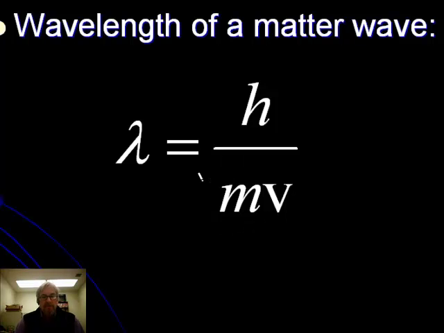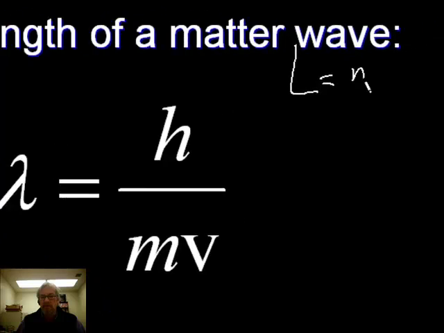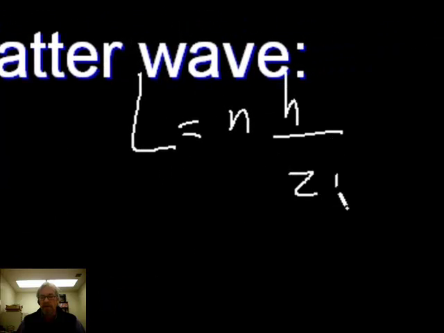Now at first this seemed like it would be a problem for the Bohr model of the atom because the Bohr model was based on a classical particle. But it actually sort of supports Bohr's model because it explains something. It explains why in his second postulate he found that angular momentum had to be equal to n times h over 2 pi. Here's why.